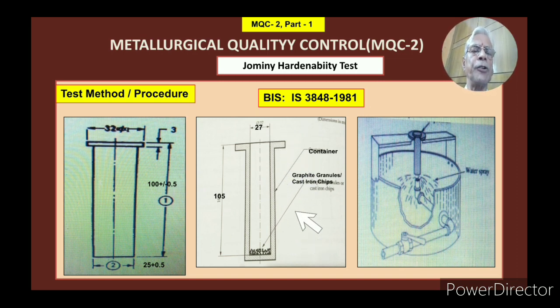In the bottom you see there are a lot of cast iron chips. These chips are required to avoid decarburization of the test surface. And this is the quenching tank and apparatus where the test piece is placed. Water comes from this pipe, goes here, and is thrown here, and this end is quenched basically.